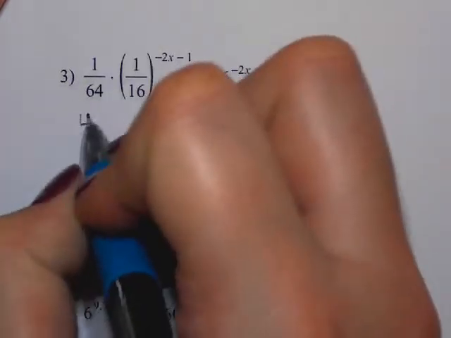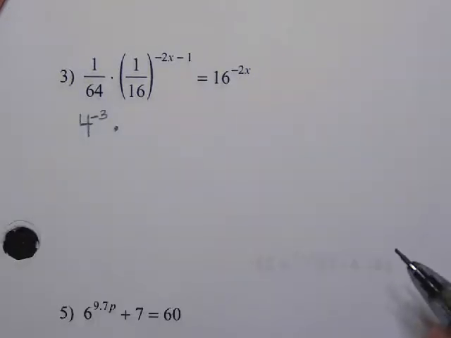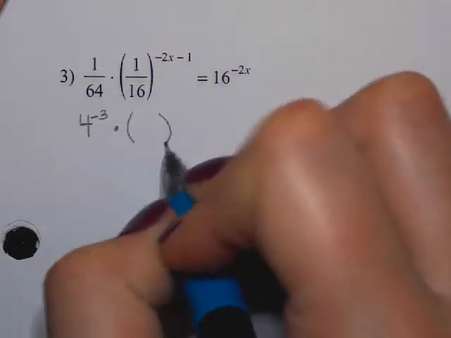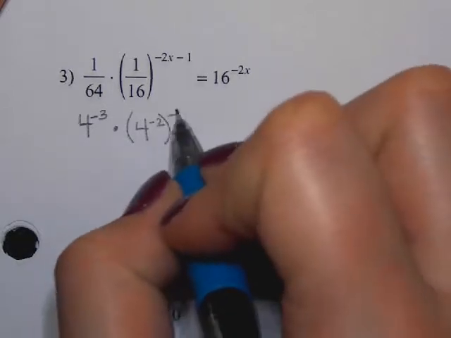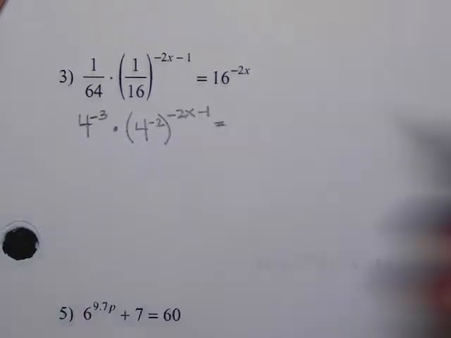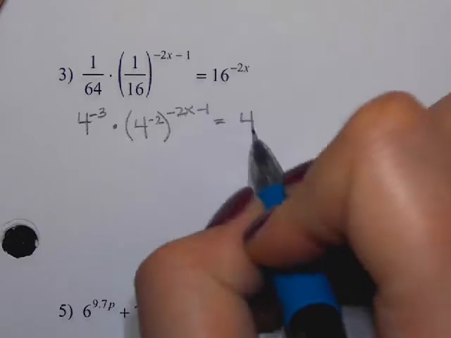Okay, so 4 to the negative third times 4 to the negative 2x, and then, negative 2 and then the 2x. Okay. And then what's 16? 4 to the 2.